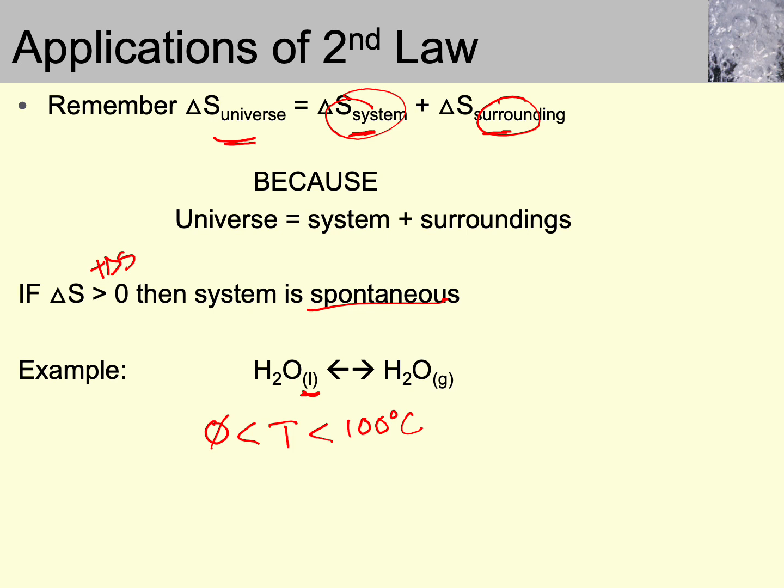However, if the temperature is really high, greater than 100 degrees Celsius, then we're going to have mostly gas present. And so the spontaneity is going to lie to the right of the equation. It's just a way of looking at these.